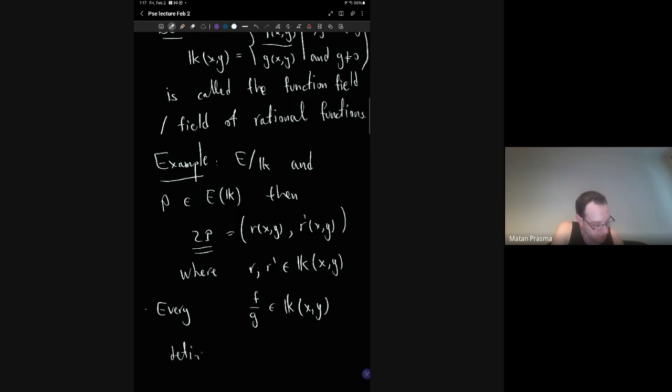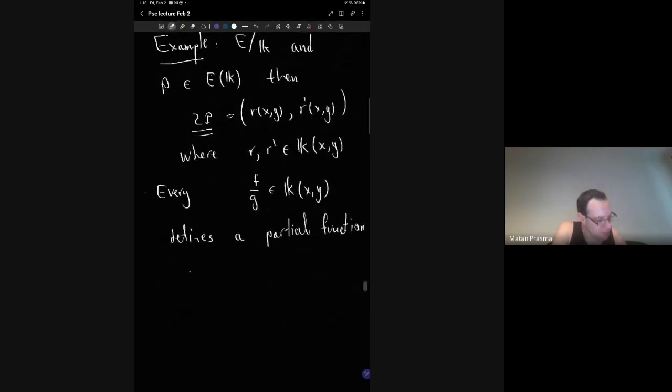It defines a partial function from the affine plane A² into K. And this goes as you take a point (x0, y0) and you send it to f(x0, y0) divided by g(x0, y0).